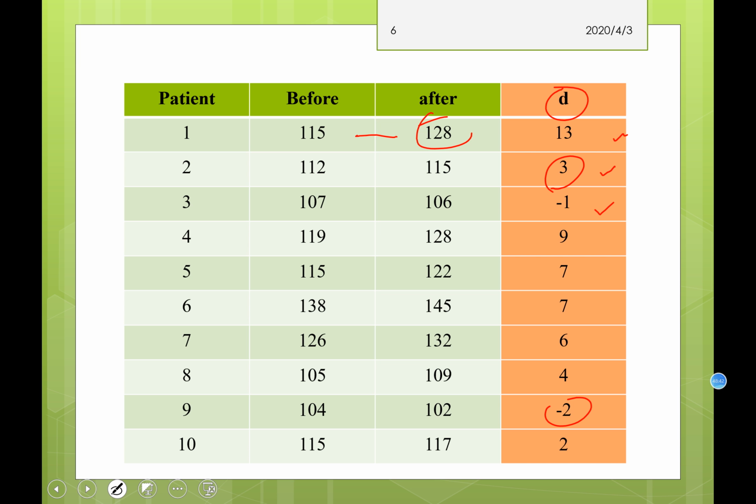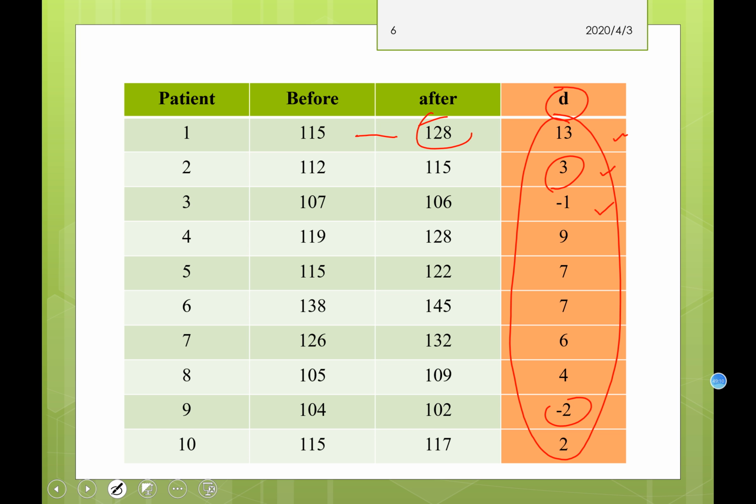And if the distribution of the difference is symmetric about 0, that means maybe half of the differences are positive and half are negative. It's symmetric about 0. And we will find that actually the medicine is not useful.